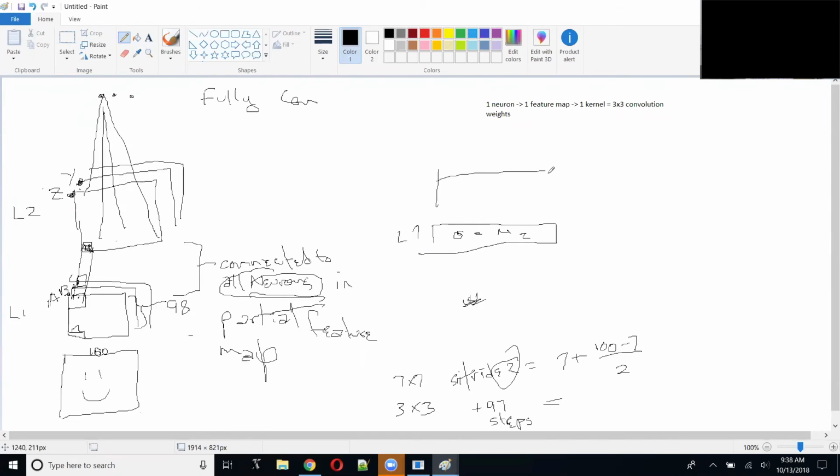You have layer 2, L2, and it's going to be connected, or maybe fully connected. So what we're asking is, what's the size of this feature map? Does it decrease? I'm not sure. I have to think about it.